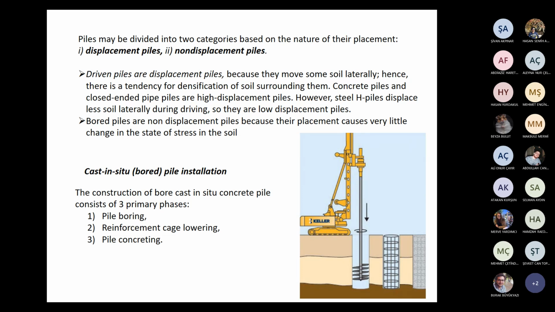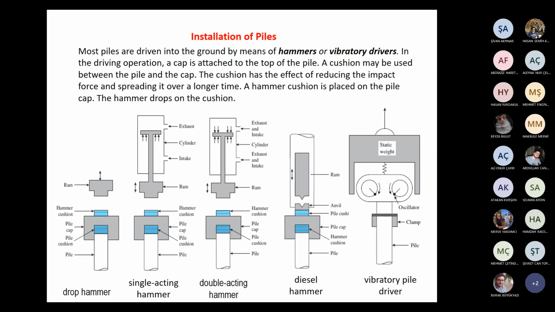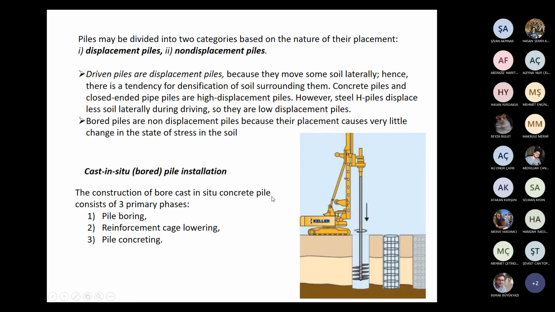Driven piles are displacement piles driven by using a hammer or vibratory driver. Anyway, these are displacement piles. Why? Because they move some soil laterally. Hence, there is a tendency for densification of soils surrounding them.